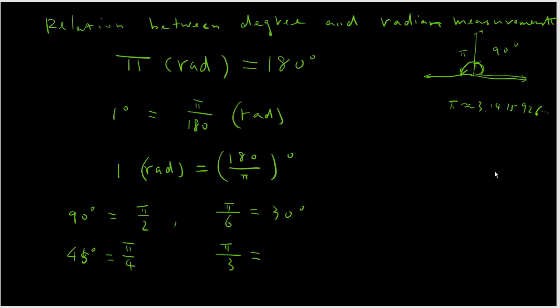Pi over 3 radians is equivalent to how many degrees? 60. 60 is right. And then we can talk about the trig values.